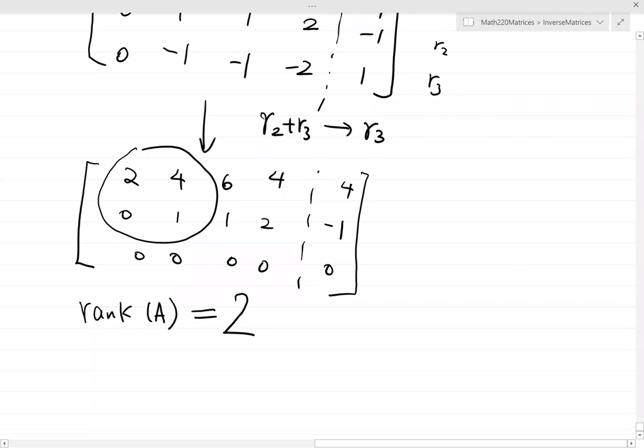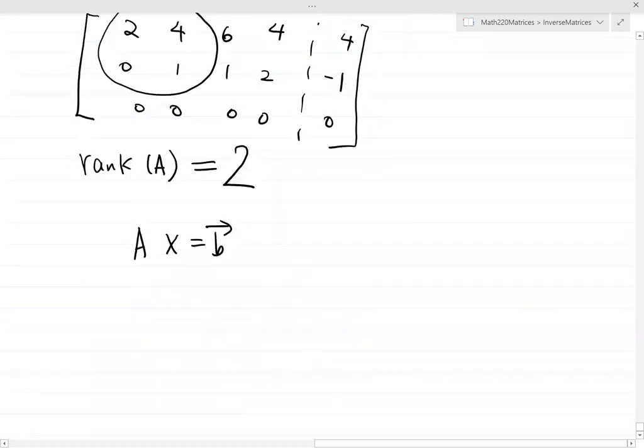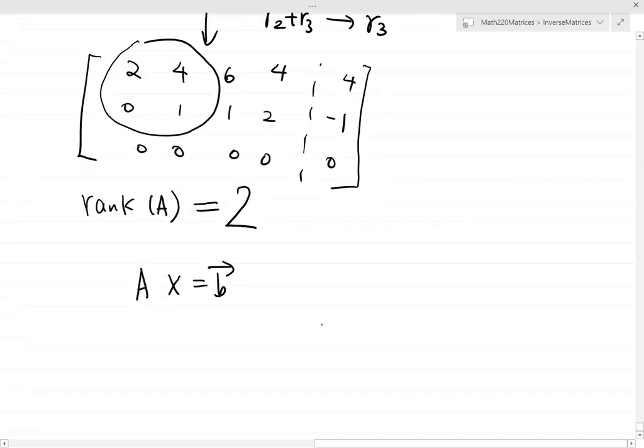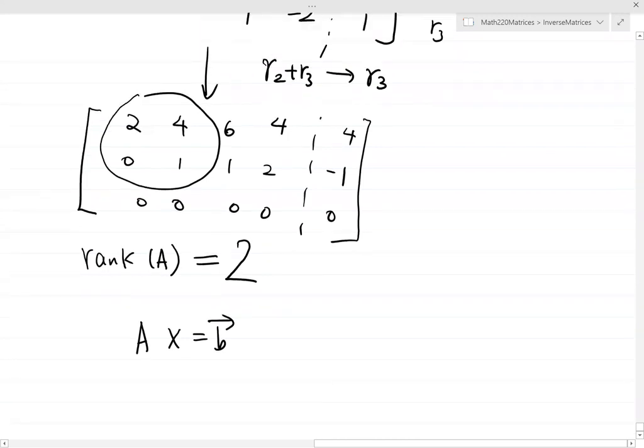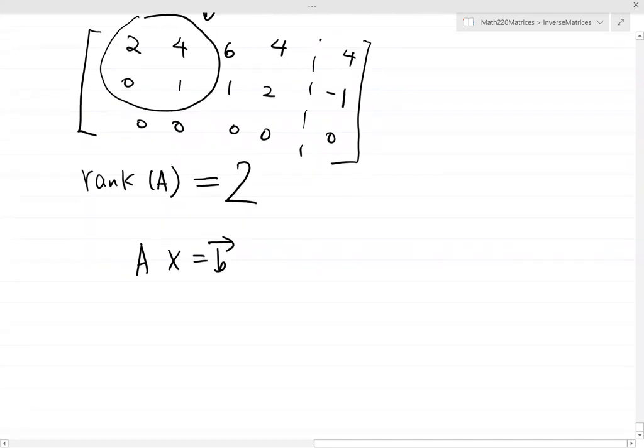Okay. So from AX equals B, we transform to this matrix using the augmented matrix.